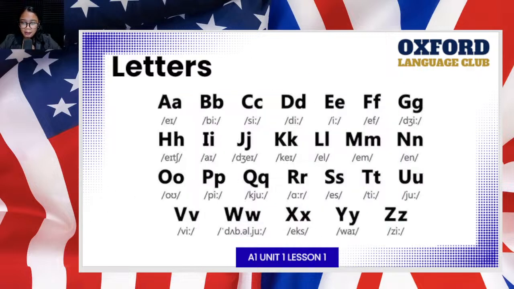Now, as you can see, again, these are the English alphabet, the different 26 letters of the English alphabet. So far, what we have discussed, A, B, C, D, E, F, G, H, I, J, K, L, M. So we ended with letter M. Now let's try to go back and see if you remember how these letters are pronounced.